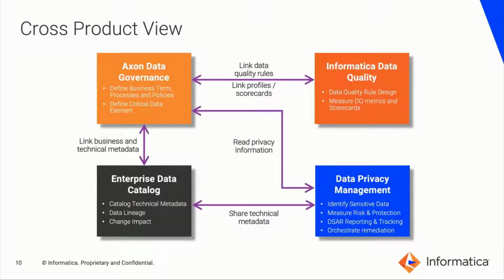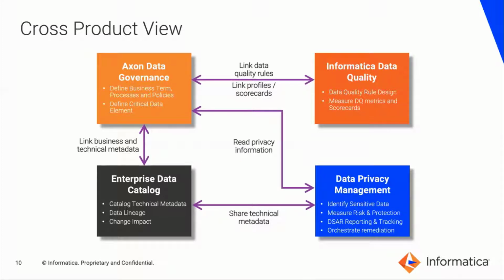Now, data quality comes into the picture and helps you find the data quality for a specific business term, because now that you have understood what the physical field associated with that term is, you can go and run the data quality on the physical field, the specific database, schema, and table, right? But the power of our integrations with data quality, Axon and EDC together is this: you define a business term, say customer data, in Axon.